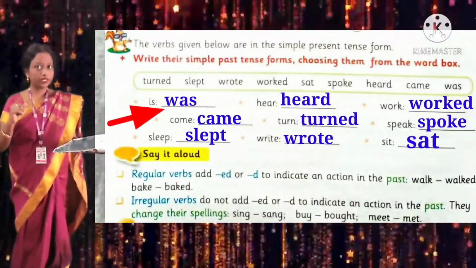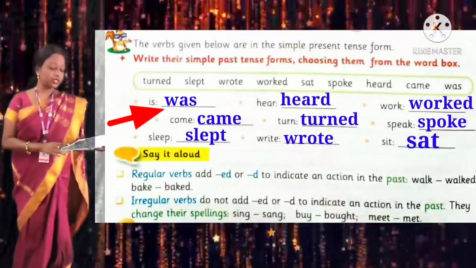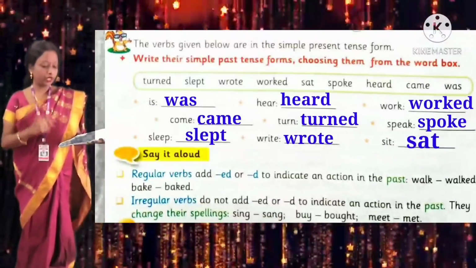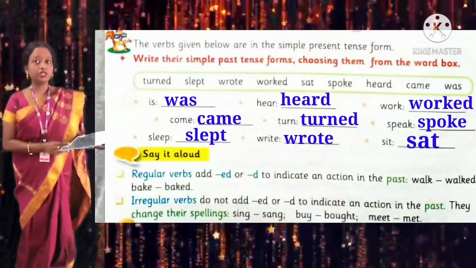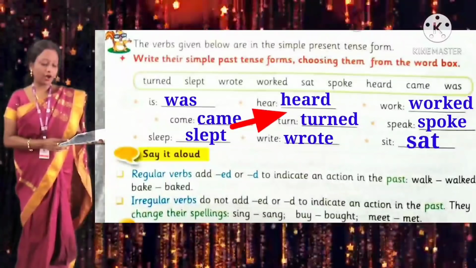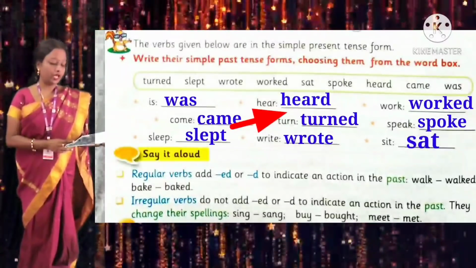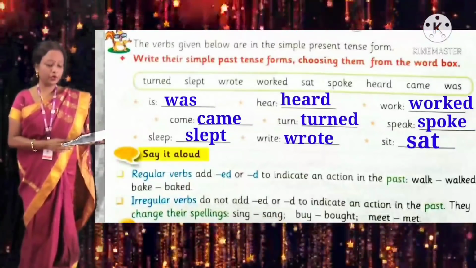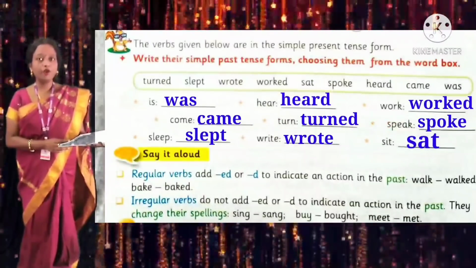First word is is. Answer is was. W-A-S, was. Second word, hear. H-E-A-R, hear. H-E-A-R-D, heard. Work. W-O-R-K, work. Worked.